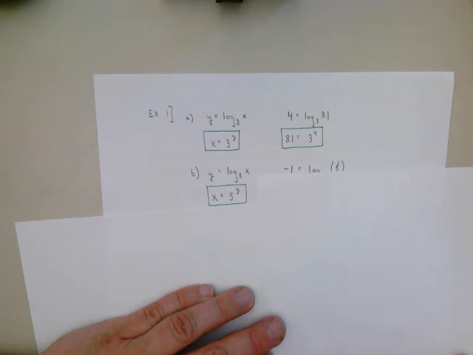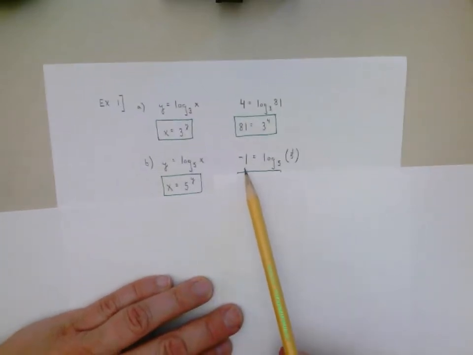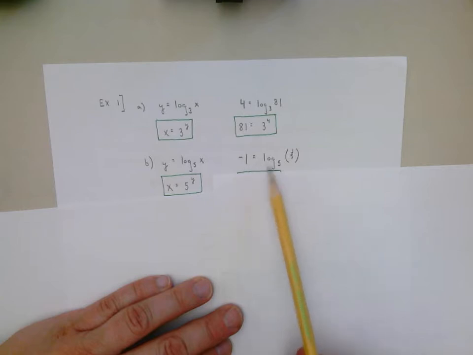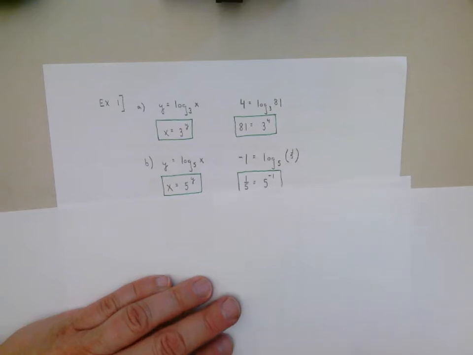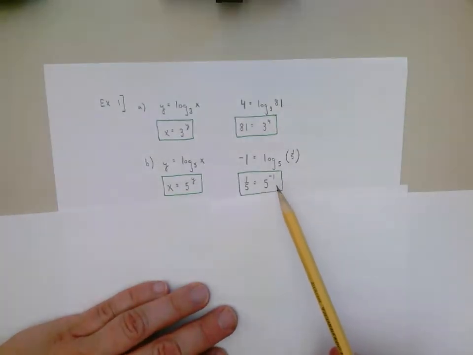If you use that knowledge in this specific example, I tell you negative 1 equals log base 5 of 1/5. What does that mean? That means that negative 1 is the exponent that goes on the base of 5 in order to make the power equal 1/5. And that's how the definition of logarithm works for us.